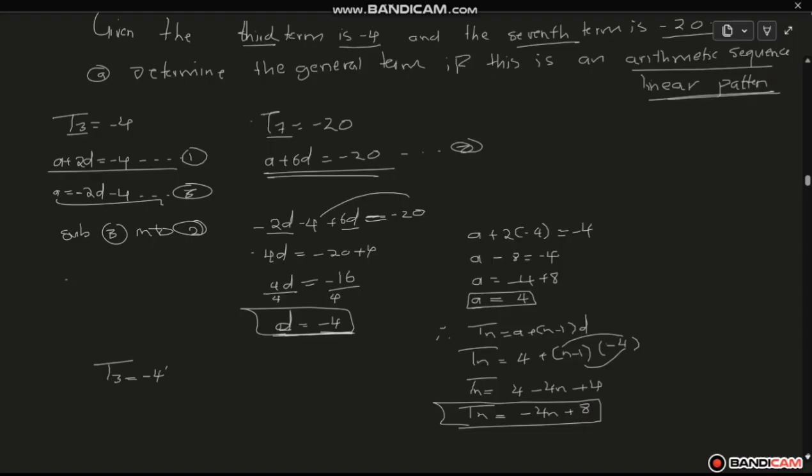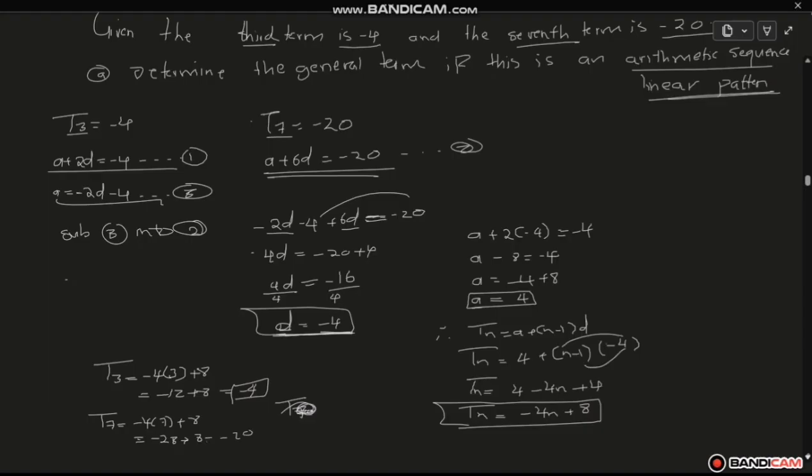So T3, let's prove it. Negative 4n plus 8, where we substitute 3 to prove if it is correct. So negative 12 plus 8 is negative 4. We are happy. Then T7 to prove that our answer is correct. So it's T7, not T20. T7, where there's n, we substitute 7, must give us negative 28 plus 8.